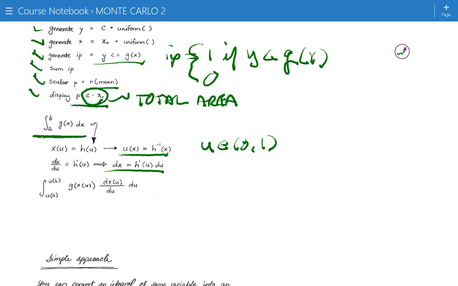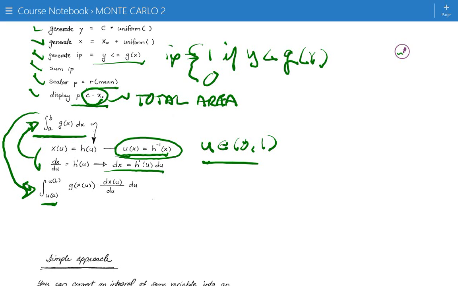So I can plug and chug. We take the information I have here, I plug it into here, and transform it to this integral. So on the variable of u, my lower limit is u evaluated at a, which we've got here. And u evaluated at b. My g of x up here is going to be g evaluated at x, which is a function of u, so now it's a function of u.